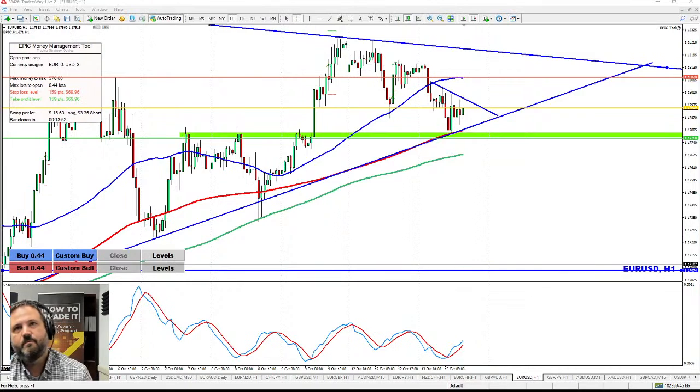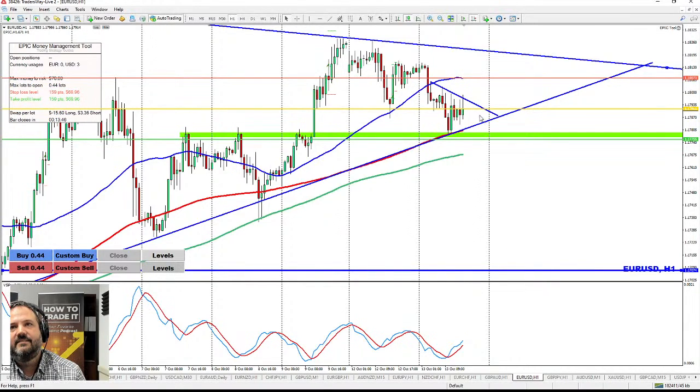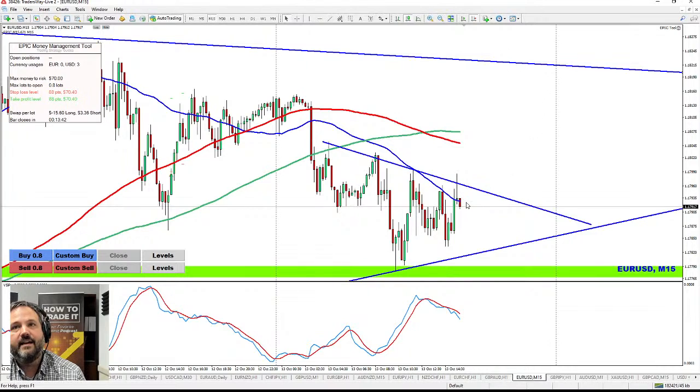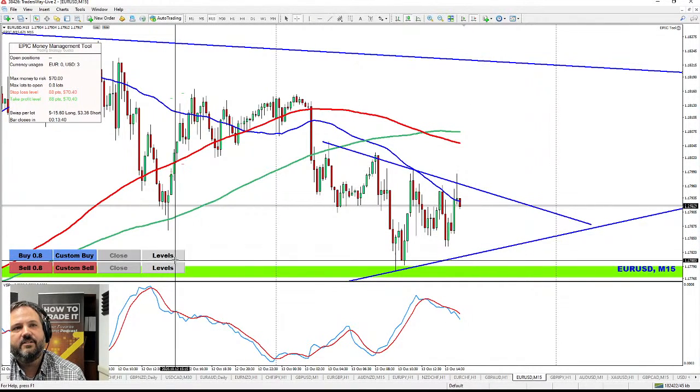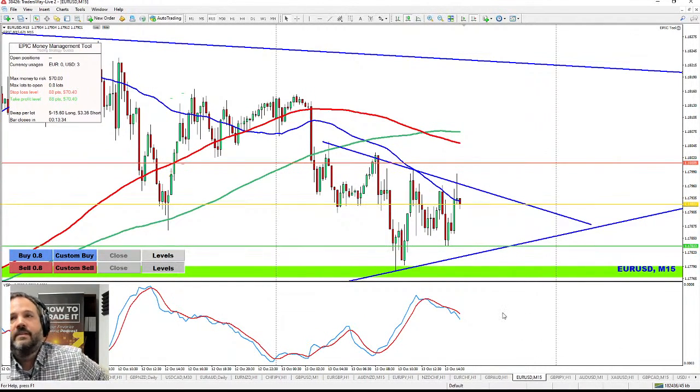That is true. Let's look at what the levels would say on an hourly. Yeah, I like this setup. Could go right back down here on a 15-minute. I'm not going to take this because I'm pretty content with the trades I've got on right now.